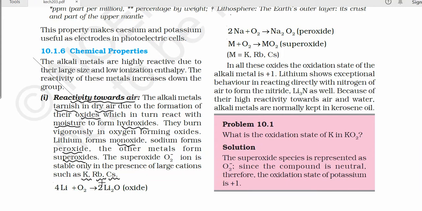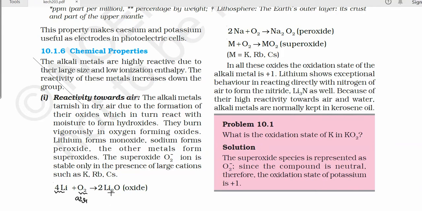If we look at the reactions of different alkali metals with oxygen: if four lithium atoms react with O2 present in the air, they form 2 Li2O, that is lithium oxide.